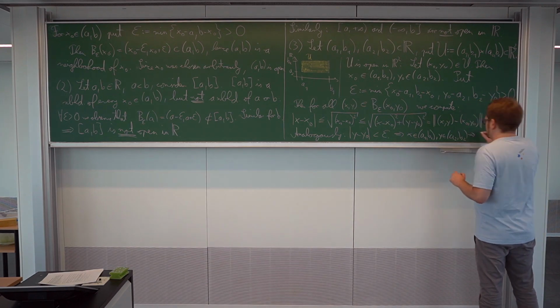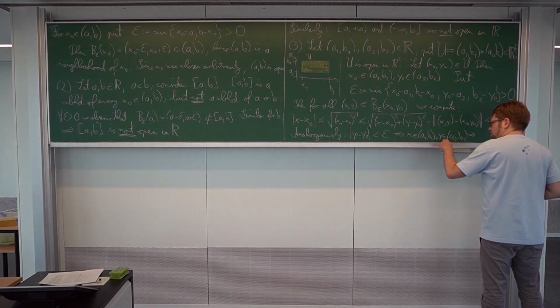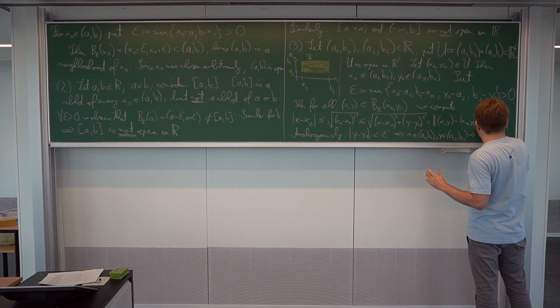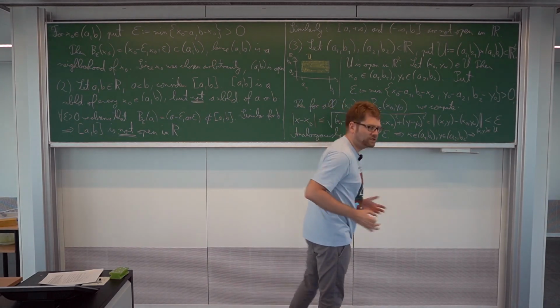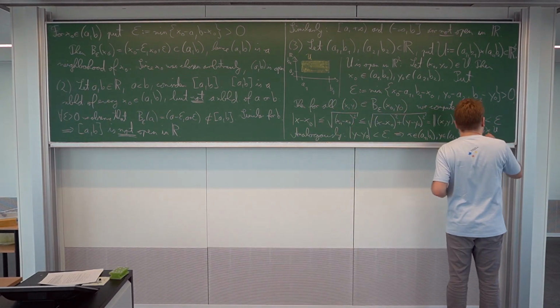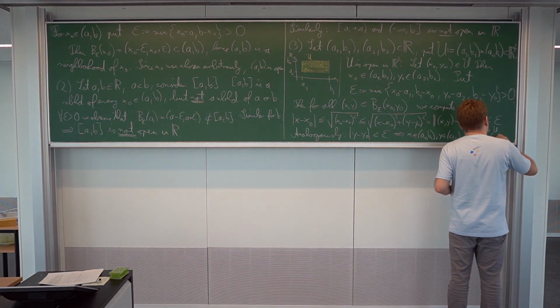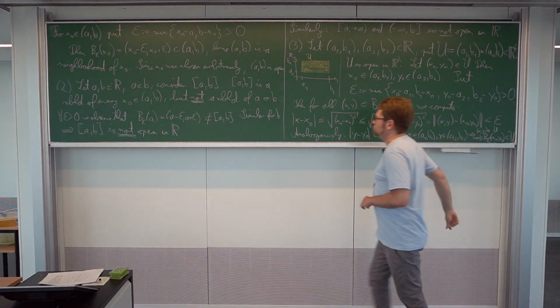And so this means this is in U. So (x, y) is in U, and since the point was chosen arbitrarily somewhere inside the ball, this means B epsilon of (x0, y0) is a subset of this open rectangle U.